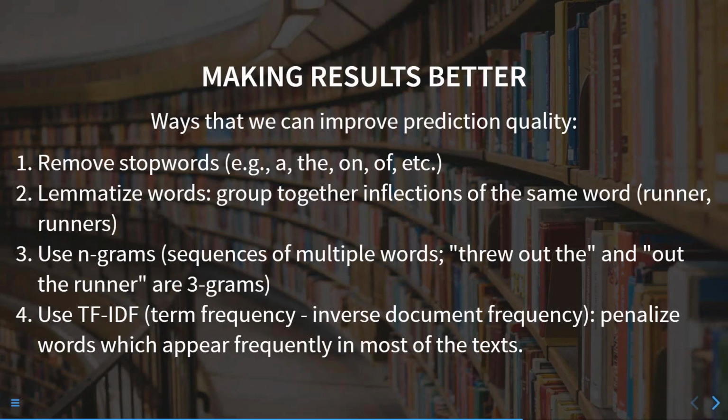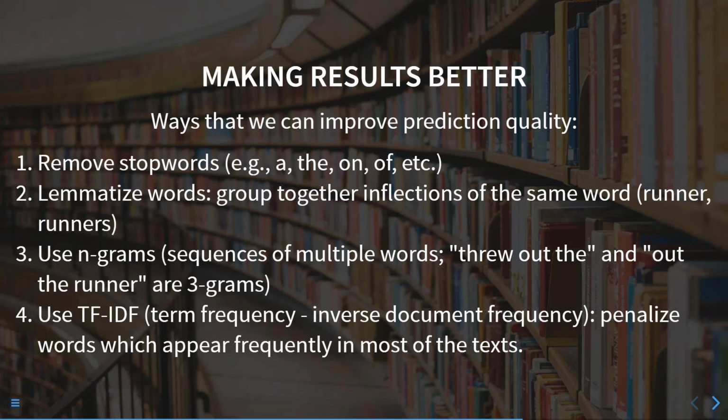Now, there are a few ways that we can make natural language processing results more effective for us. The first one is to remove stop words. Stop words are words that appear in every document. They appear everywhere, and they don't have a good direct meaning. By direct meaning, what I mean is they don't really modify the text.